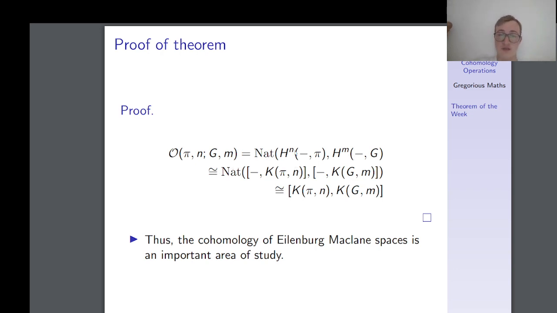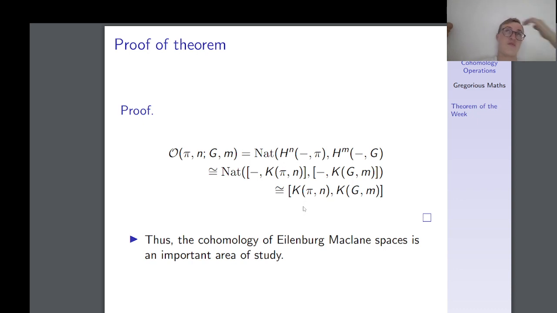But that's isomorphic to the set of all natural transformations between these two functors here, because it's a classic theorem that singular cohomology is in direct correspondence with these homotopy classes of maps. But by the version of the Yoneda lemma which we stated above, this is precisely isomorphic to the set of all homotopy classes of maps between these two Eilenberg-MacLane spaces. And so, yeah, that's the proof.